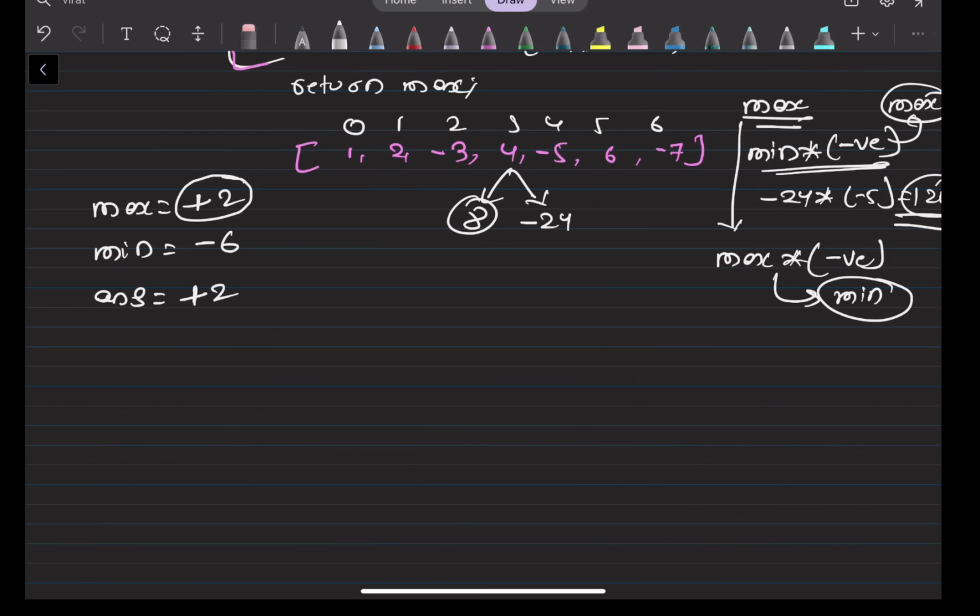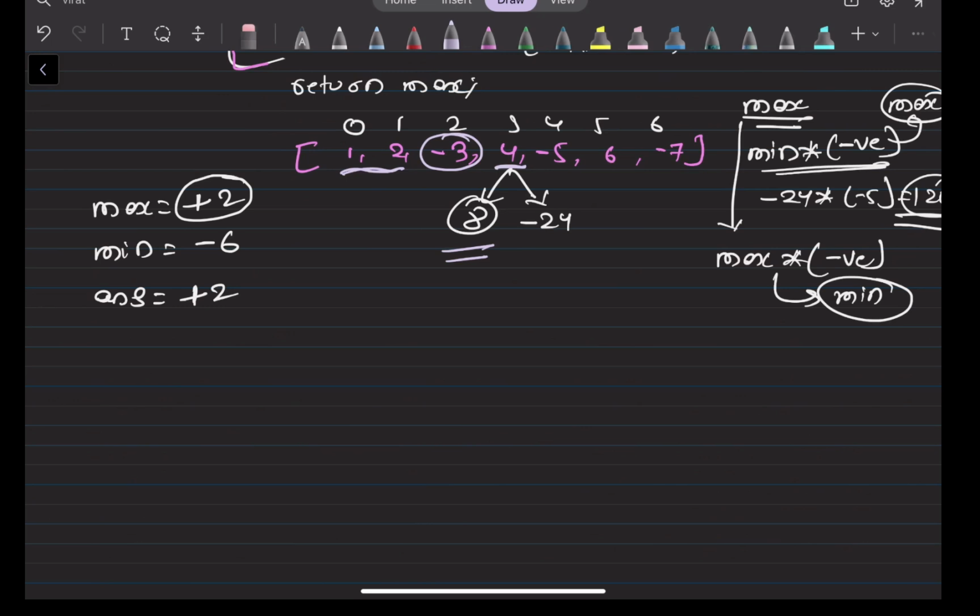What will be my min? Can we consider this 8 in this case? If you consider this 8, then it is nothing but this 2 and this 4 multiplication where we are getting our 8. Is it a subarray? No, right? It is not a subarray because we are skipping minus 3 in between.